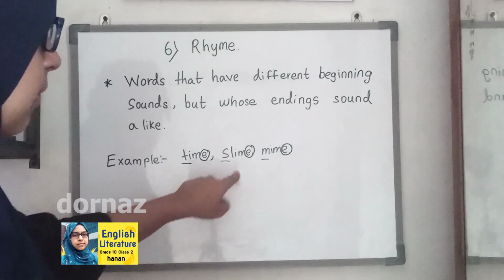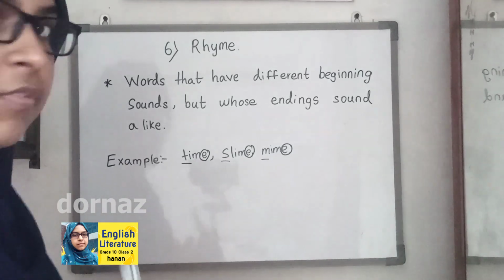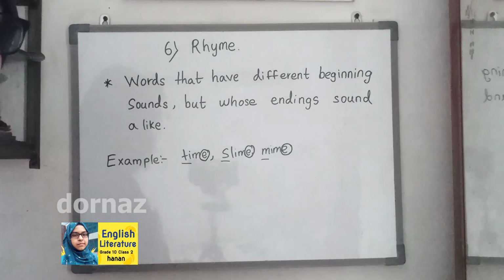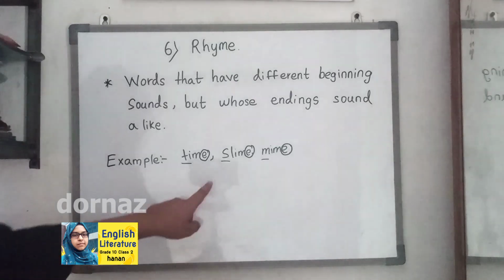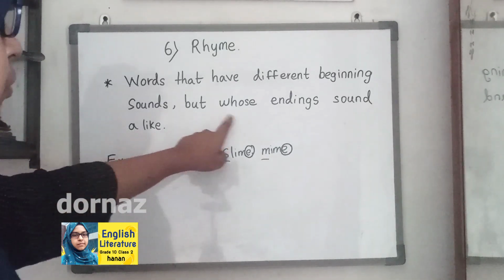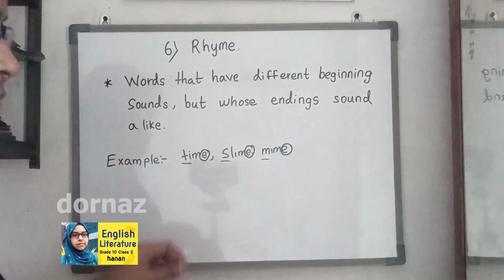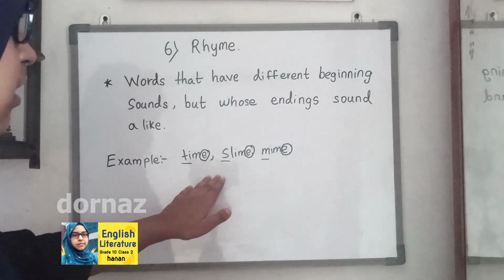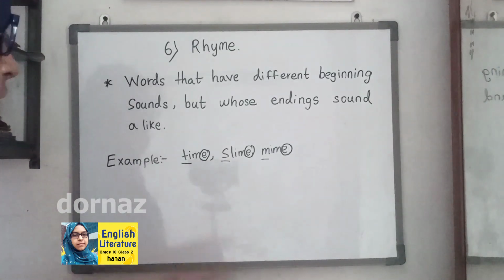Time, slime, mime. When we pronounce these words, they are almost similar. But when we discuss rhyme, we only have to notice the ending part of the word. Here E is there. But whose ending sounds alike. The sound is almost similar and the ending letter has to be similar.